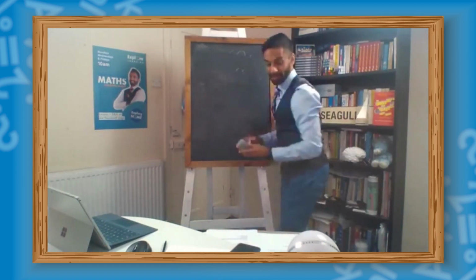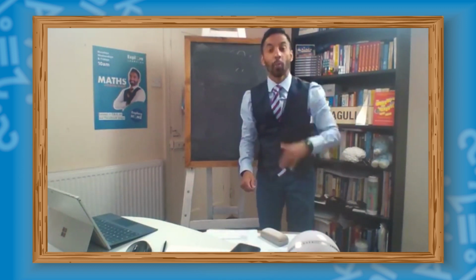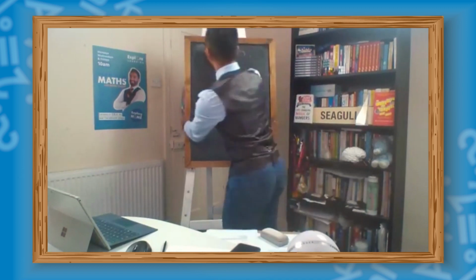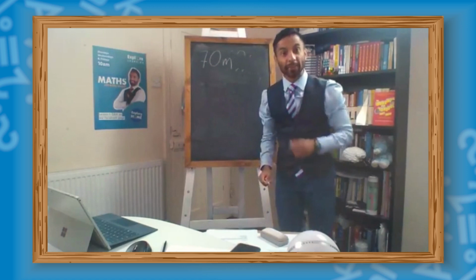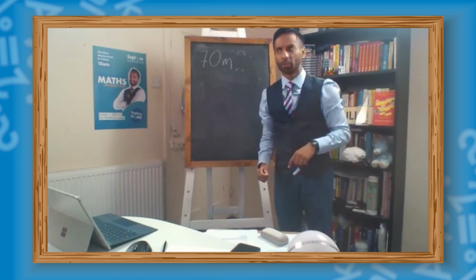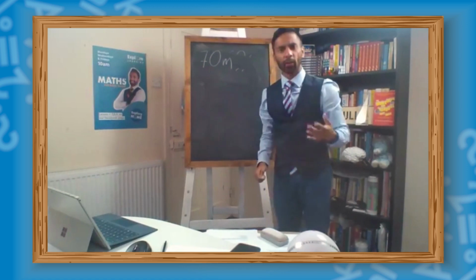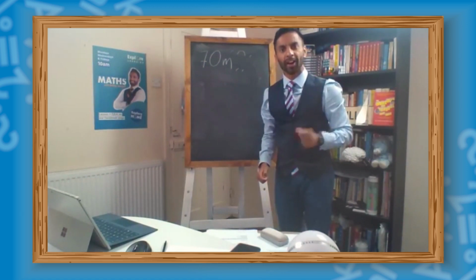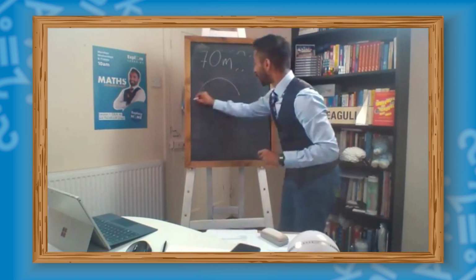Okay, so what happens when we're trying to count in more than 60? So imagine I say to you, it takes you 70 minutes to go for a walk. How do you work out how long that is in hours? I think we can do this. Draw a line there.